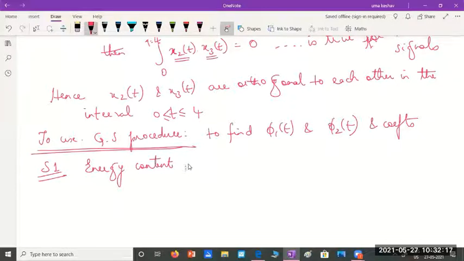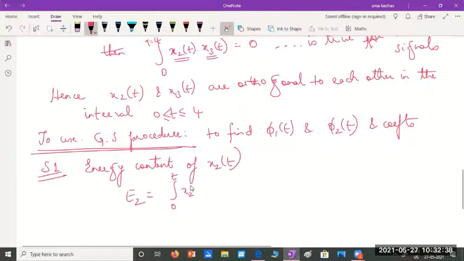Energy content of x2 of t, that is E2. How do I find the energy? Integral 0 to T, x2 square of t dt.